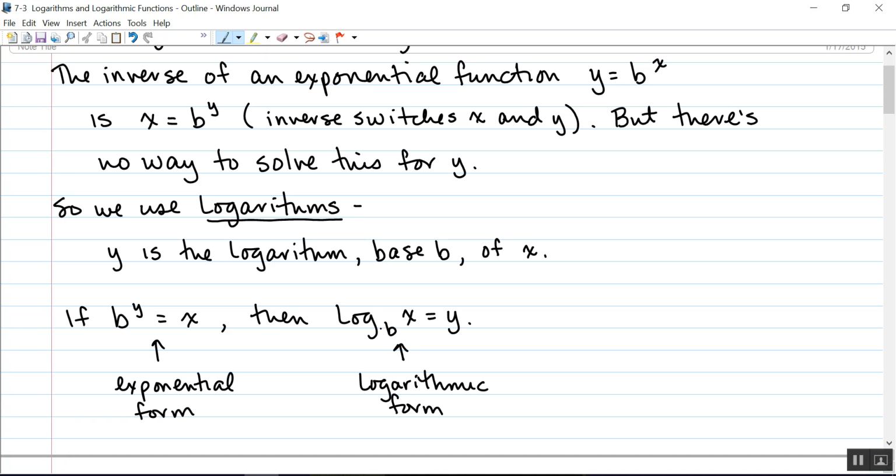Notice that the base in the log is written as a subscript, and if we take that base and raise it to the power of whatever's on the right side of the equal sign, it equals the large number right here. So log base b of x equals y means b to the y equals x. It's a little formula that's probably just best to memorize.